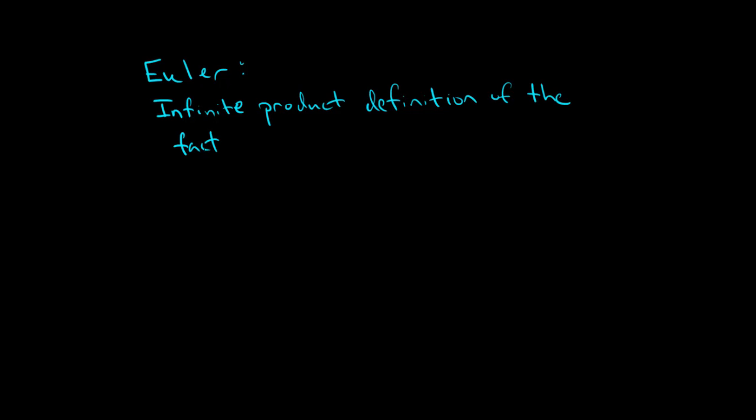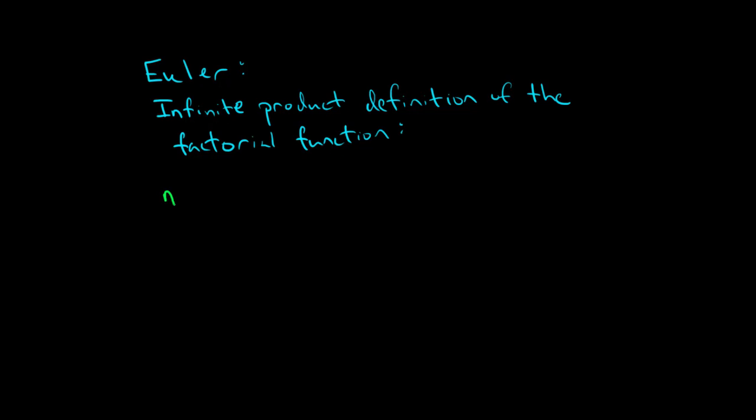So Euler's initial approach to this problem of extending the domain of the factorial function led him to consider first infinite products. I talk about this at length in my previous video, how Euler developed first an infinite product definition of the factorial function.